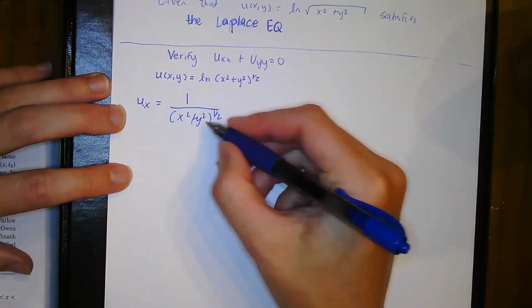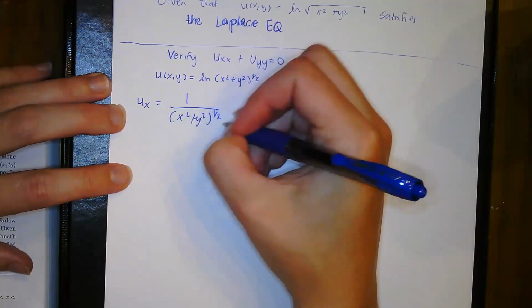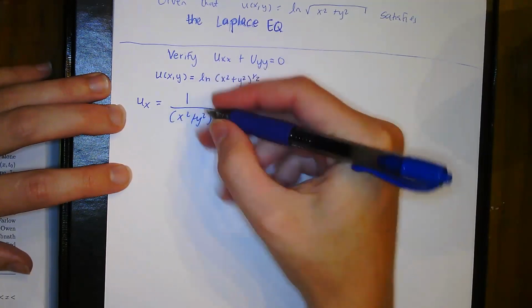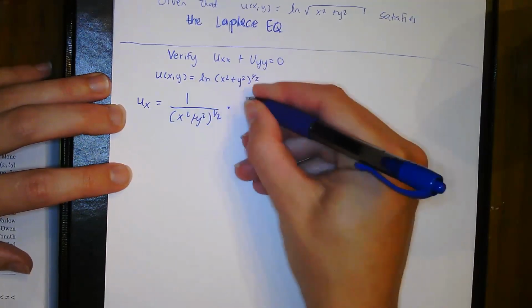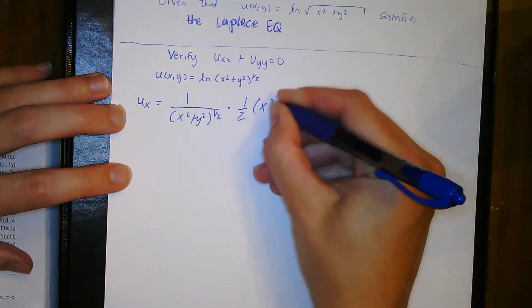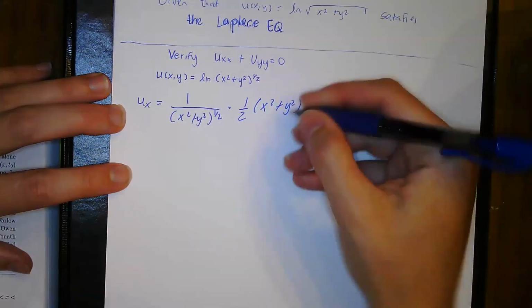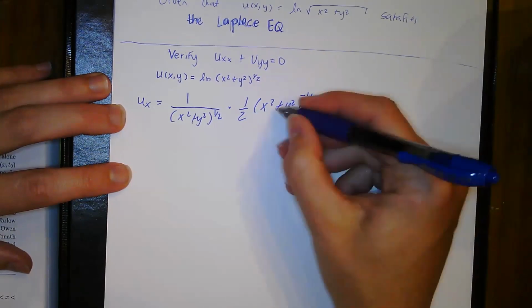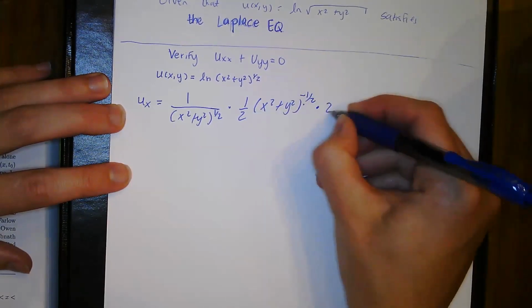And then the derivative of the inside of this term would be times 1/2 times x squared plus y squared to the negative 1/2. And then the derivative of the inside is 2x.